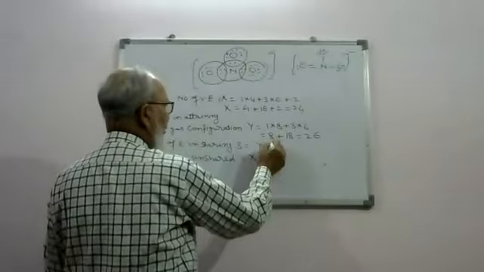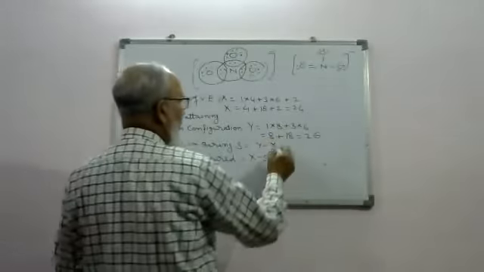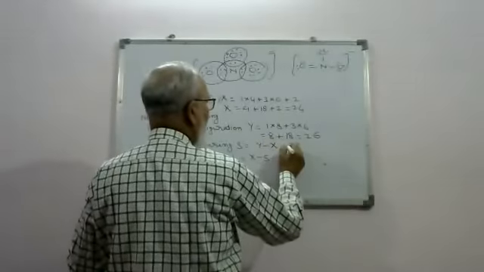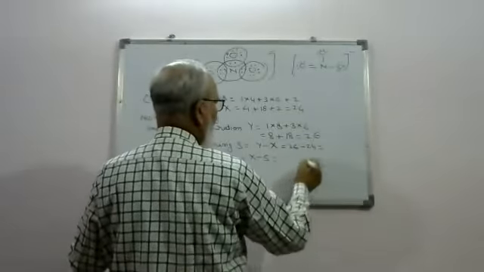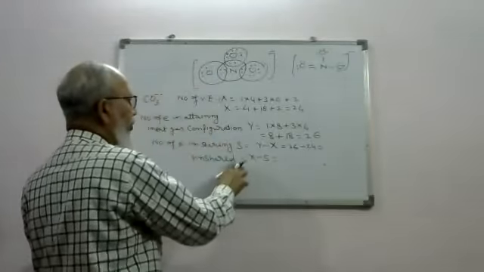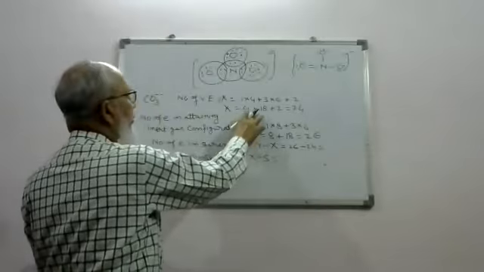Now number of electrons required in the sharing process is 26 minus 24.